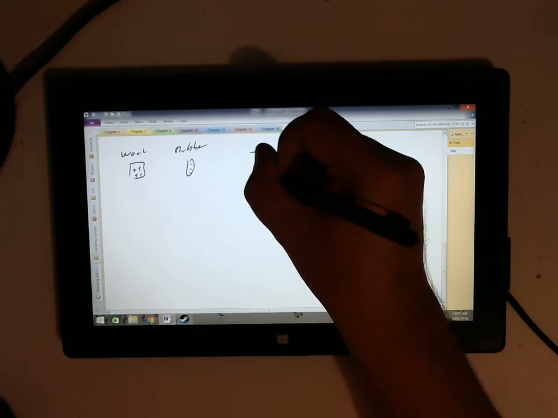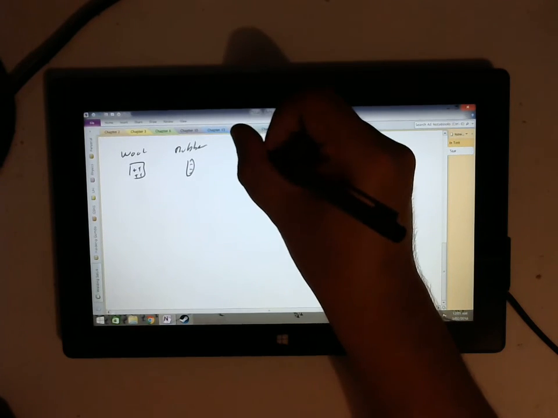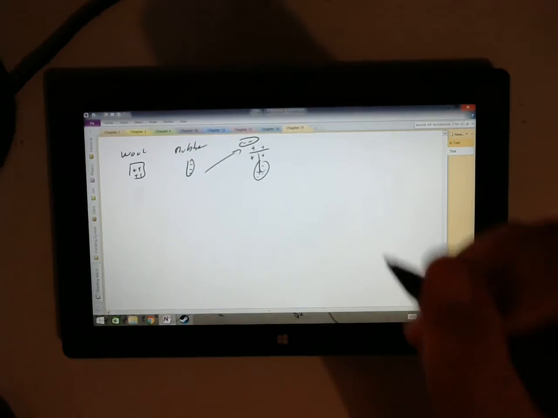near an electroscope, that'll be negative down there, that'll be positive at the top. Right.